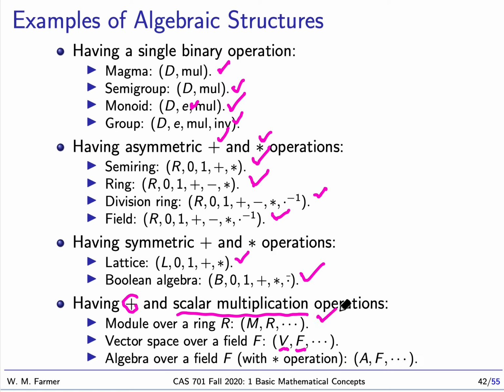And then a module is like a vector space, but instead of a field, we have a ring. And an algebra is a vector space where we also have a multiplication operation, so we can multiply the members of our algebra. So it's like a vector space with ability to multiply vectors.